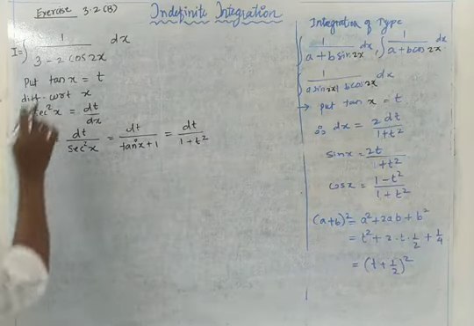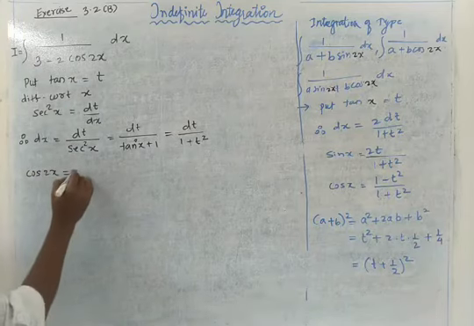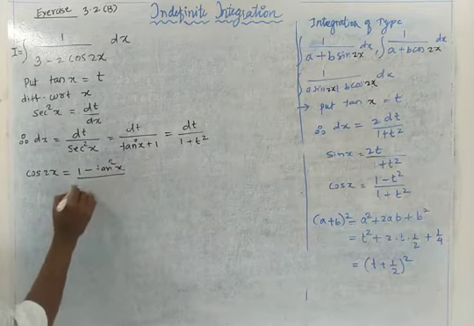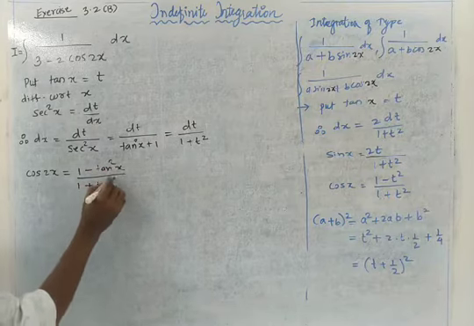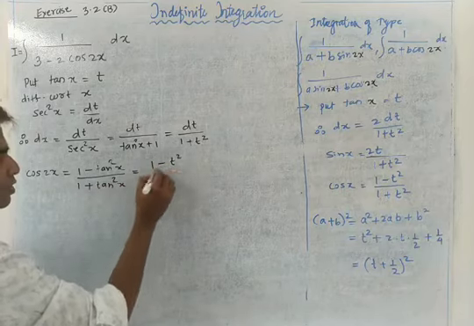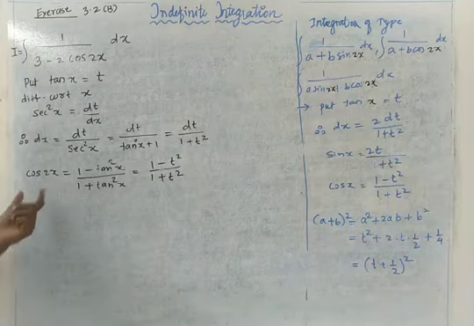Now we are going to substitute the value for cos 2x. Now cos 2x has the formula 1 minus tan square x upon 1 plus tan square x. So tan x is equal to t, so 1 minus t square upon 1 plus t square. This is the value for cos 2x. Okay.